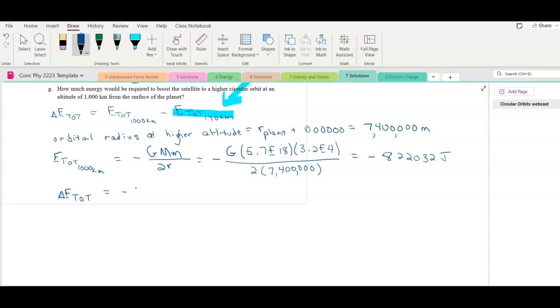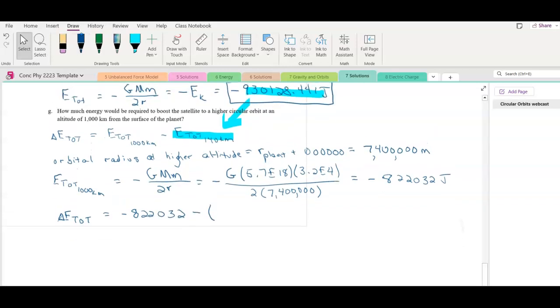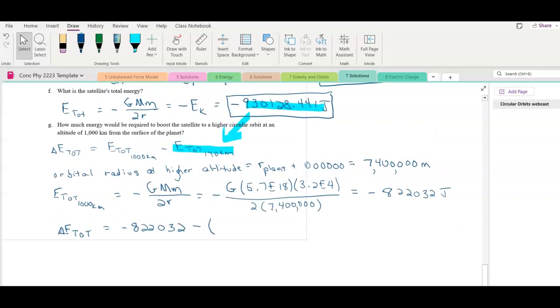So finally I find that change in the total energy. It's going to be negative 822,032 minus the negative 930,128.